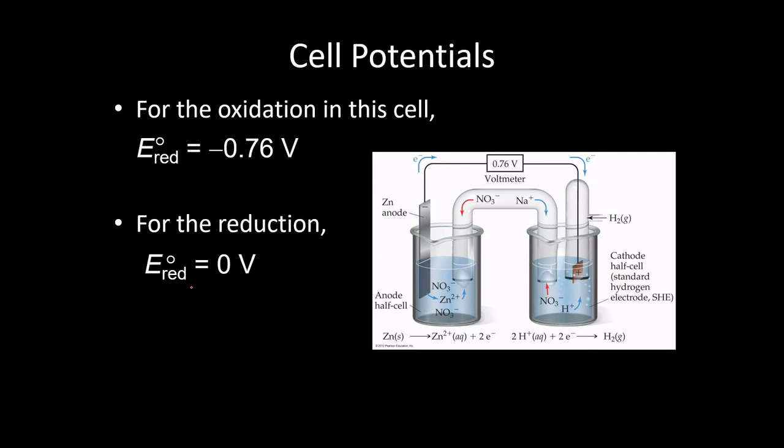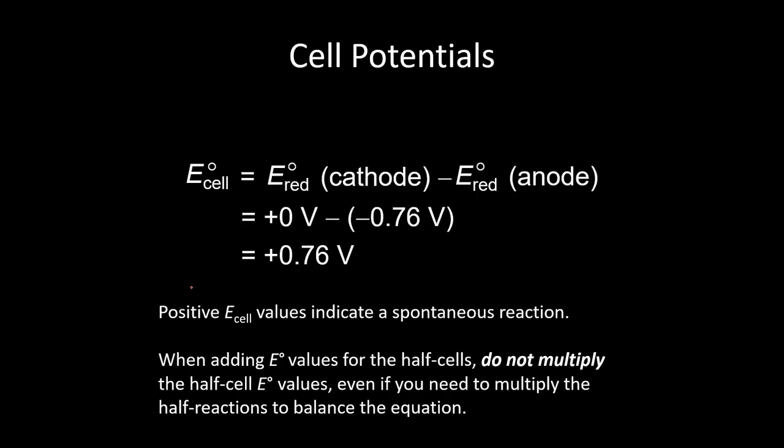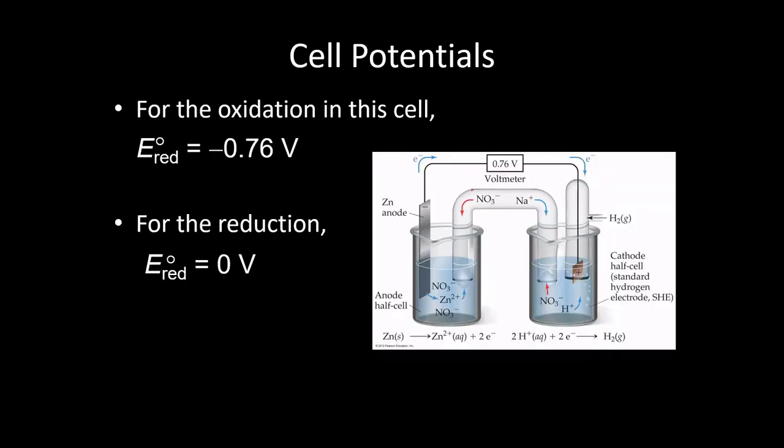To find the actual cell voltage is pretty straightforward. All we have to do is take the standard reduction potential of the cathode and subtract the standard reduction potential of the anode. So in the case of our example here, because it's the oxidation, this is the anode.